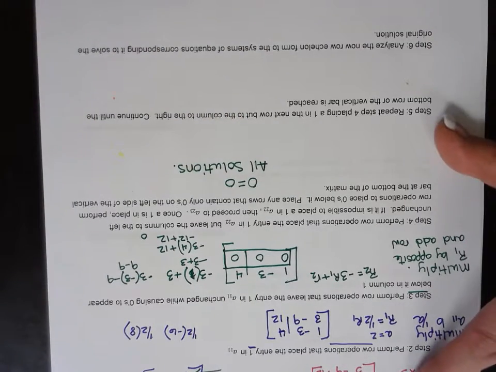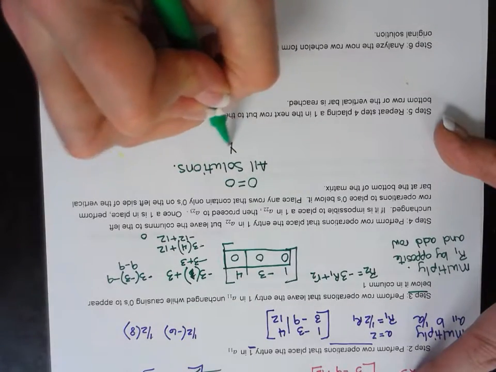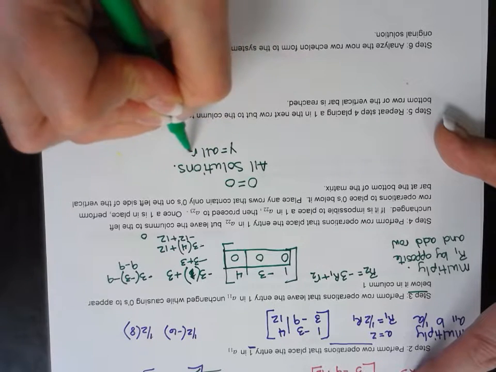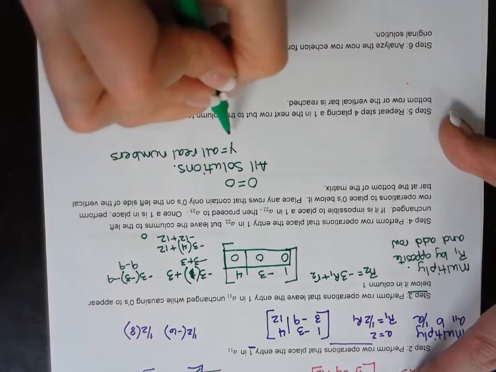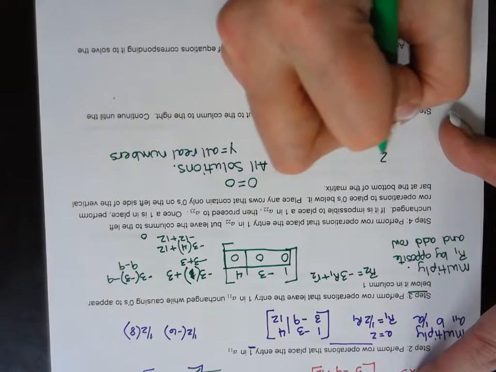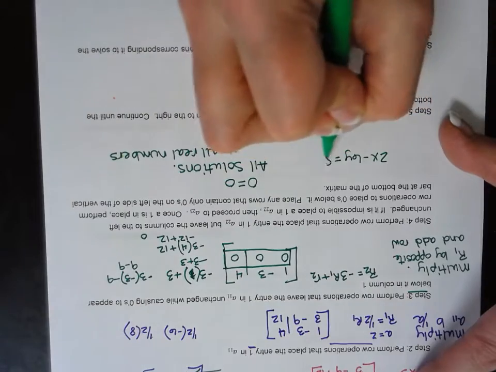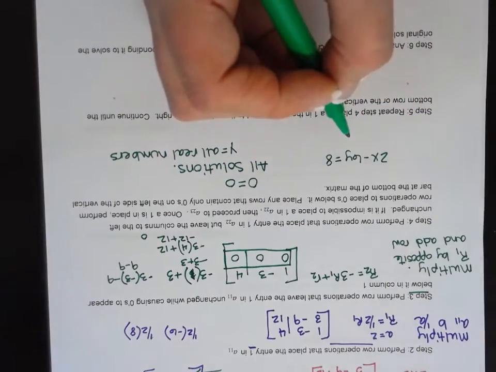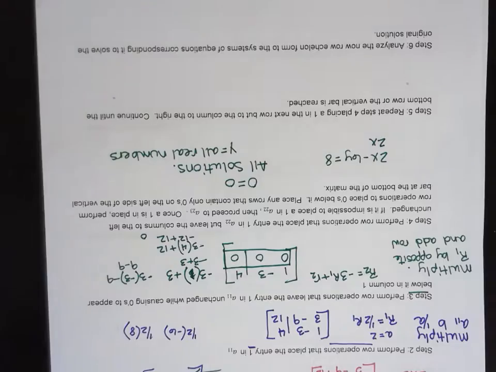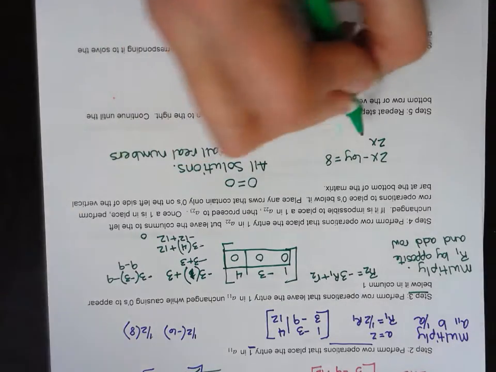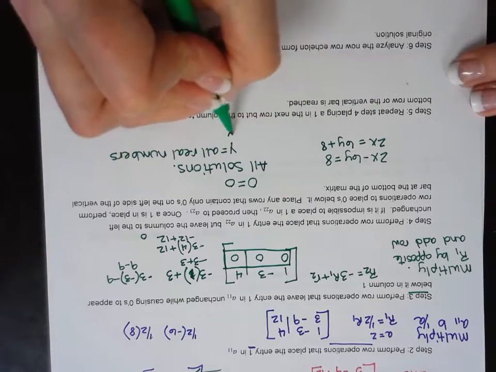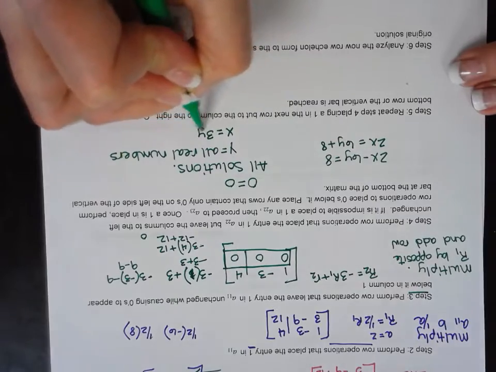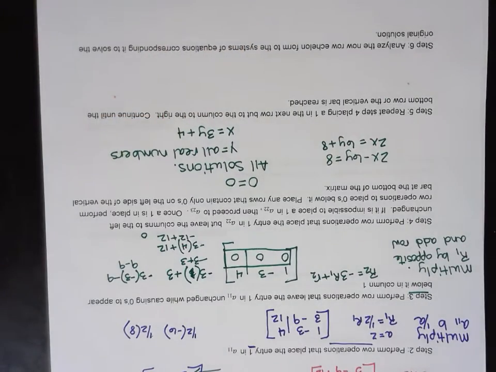And then you'd have to put everything in terms of, like, y is equal to all real numbers. And then we would solve for x. So 2x minus 6y equals 8. So 2x is equal to 6y plus 8. And so x is going to be equal to 3y plus 4. Remember that part?